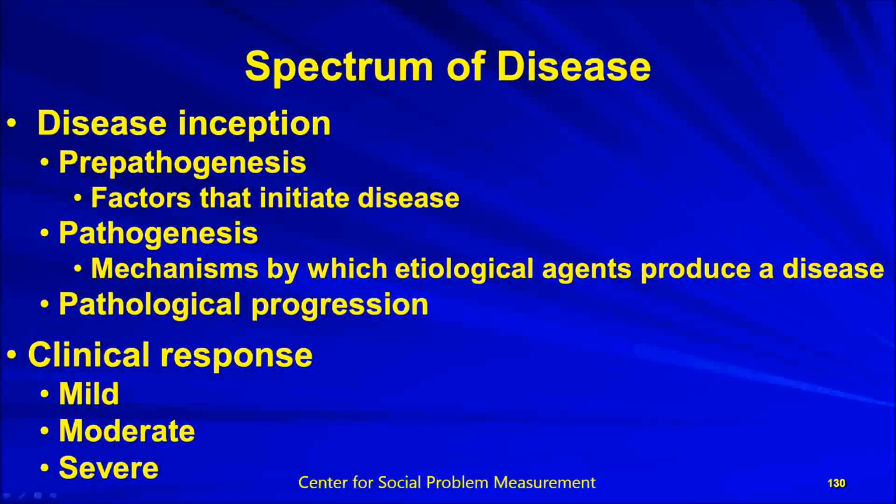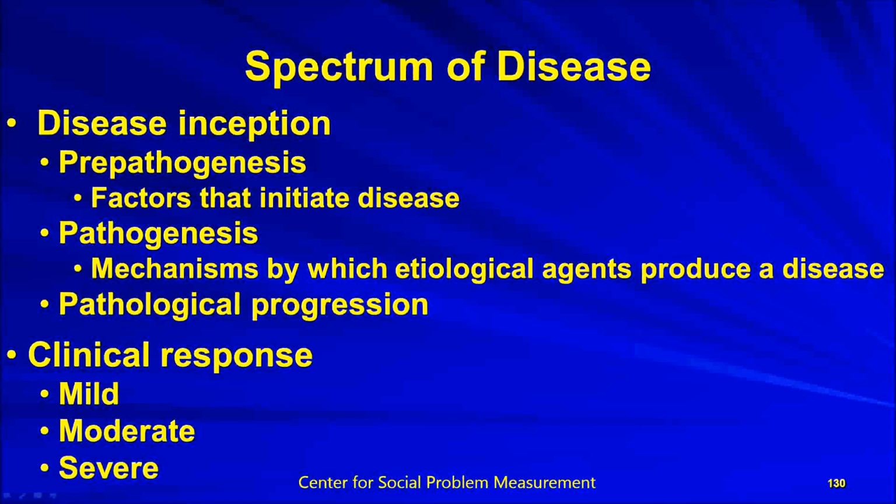So we have the inception of disease, which we call prepathogenesis, in factors that initiate the disease. We have pathogenesis, mechanism by which etiological agents produce a disease, and we have pathological progression. And the clinical response to the disease we classify as mild, moderate, or severe.